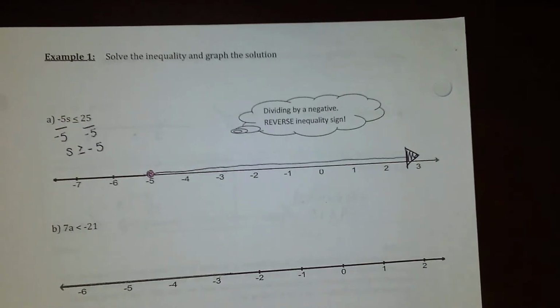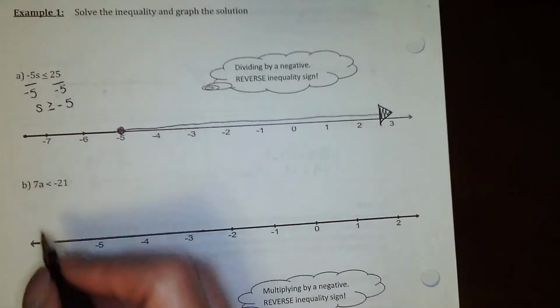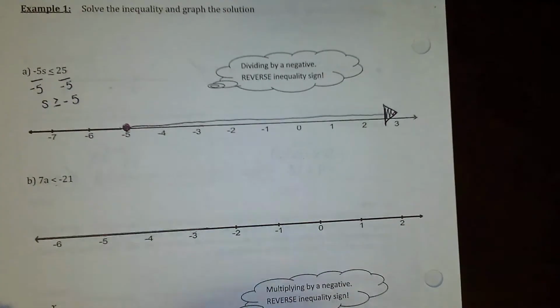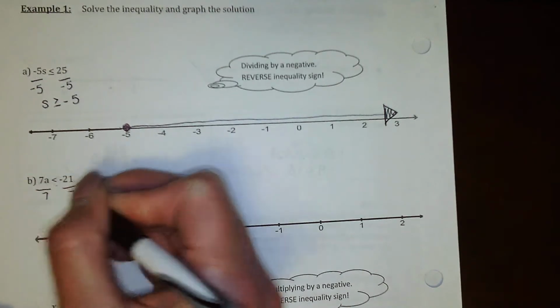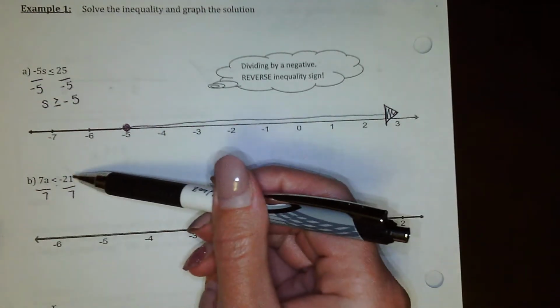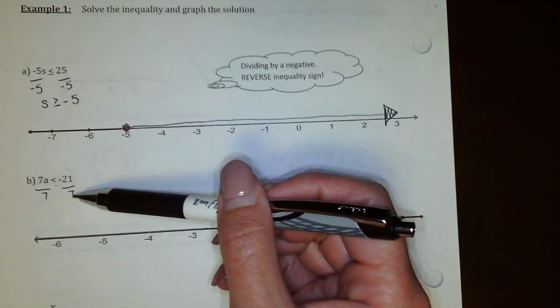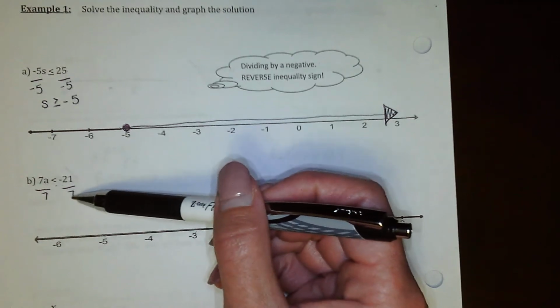Okay, just showing that. And then I do have, in this case, 7a is less than -21. Divide both sides by 7. Now, I am taking a negative number and dividing it by a positive number. However, it's not a negative number that's getting divided by.